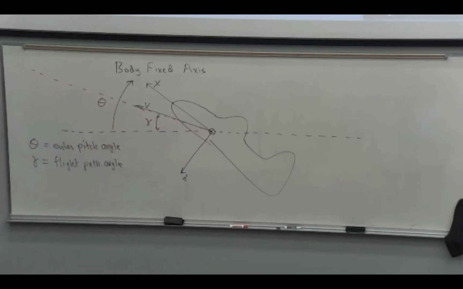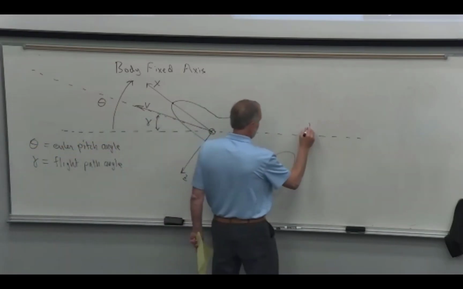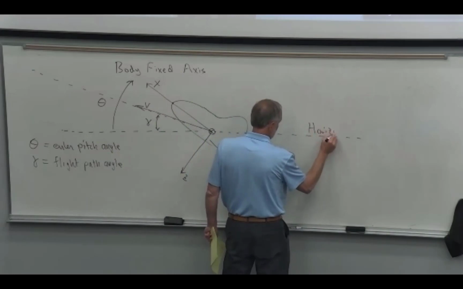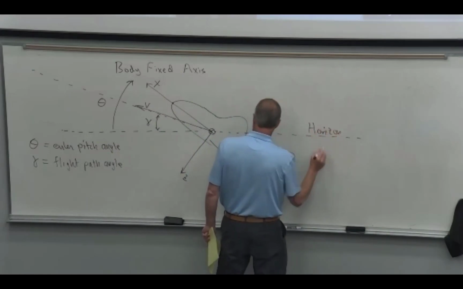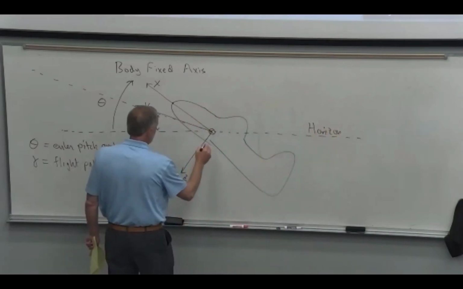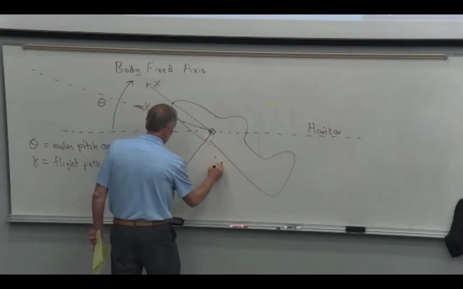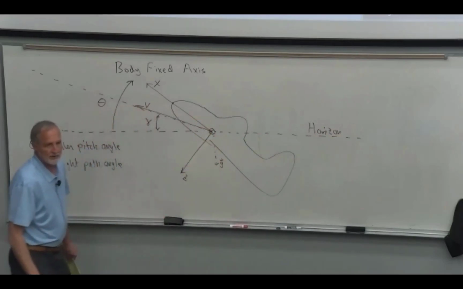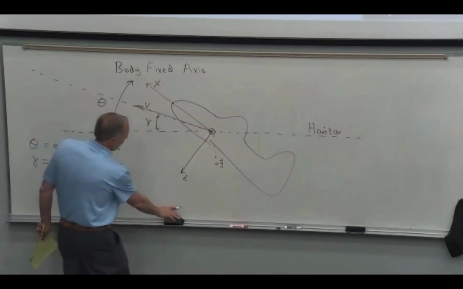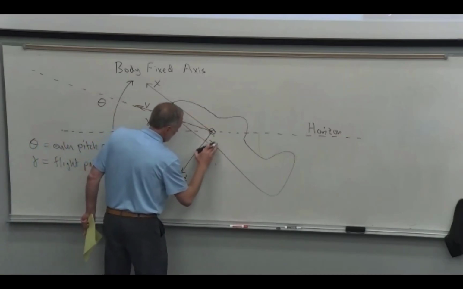That's the angle of the velocity vector relative to the horizon. And what we just figured out was where the gravity vector is in that axis system, but let's leave that off because I don't want to clutter this up too much.